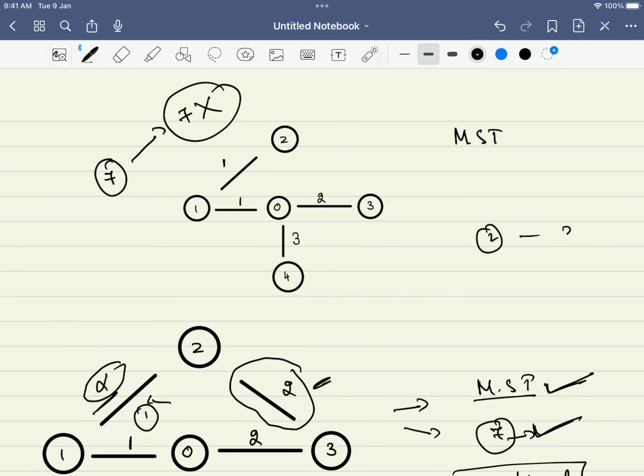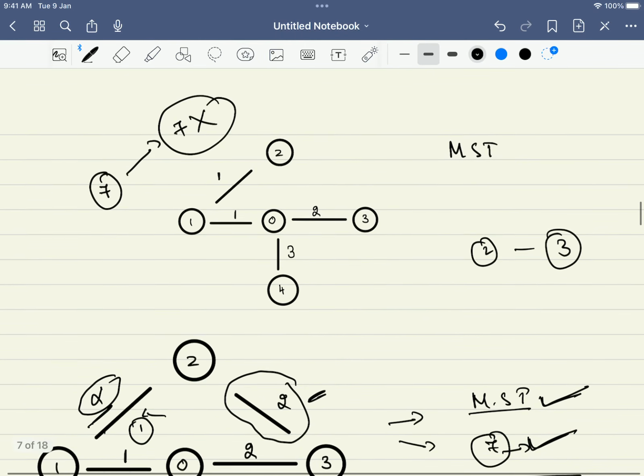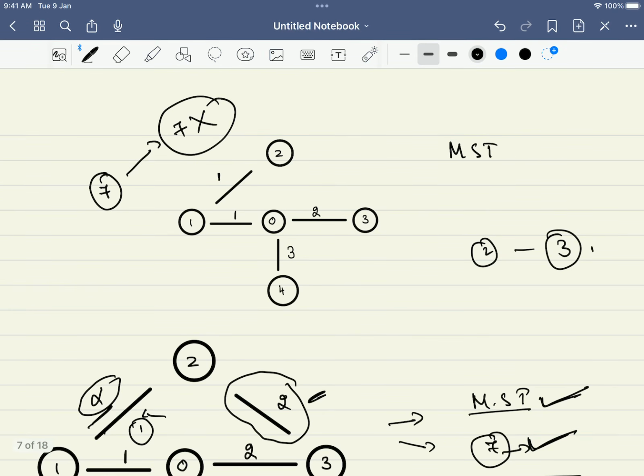That is, 2 and 3 will be the first union that will be formed. Even before considering the 0th edge, first edge, second edge, we will be forming this union first. So once we have formed this union, then only we will proceed with the next union, right? So once we are doing that and finding the MST once again, the value should not increase.